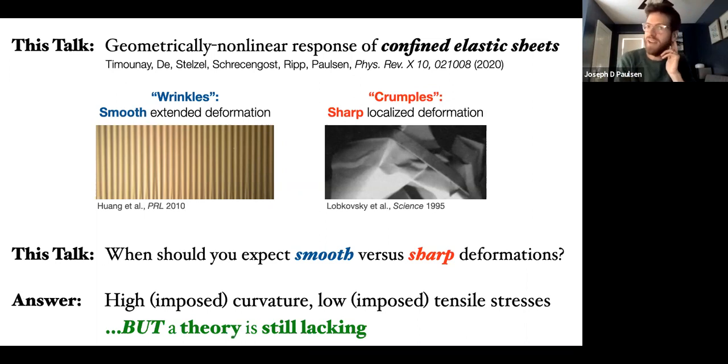And the answer that we have now is that there's a threshold that depends both on the imposed curvature that you're applying to the sheet, and also on the tensile stresses that you're applying at the boundaries. We have a pretty good characterization of this in the lab, but a theoretical understanding of this is still lacking. So hopefully that's where this field is headed, to get a deeper understanding of this.